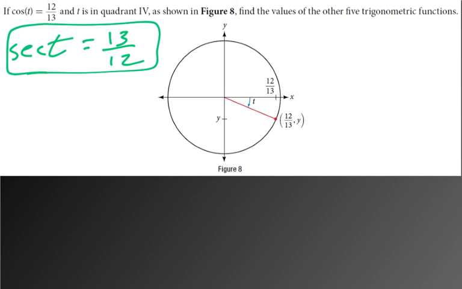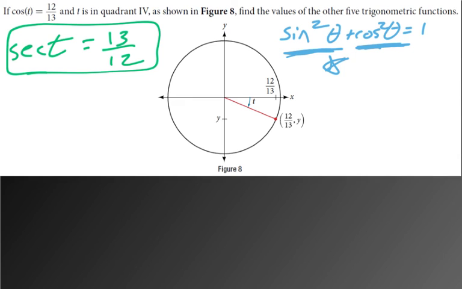That one's just done. To get any others, though, we're going to have to use a trick here. The next one I'm going to get is sine. So remember that I showed you in a previous video sine squared of any angle plus cosine squared of any angle is equal to 1. So we have cosine of this angle t, so we should be able to get sine from that, right?